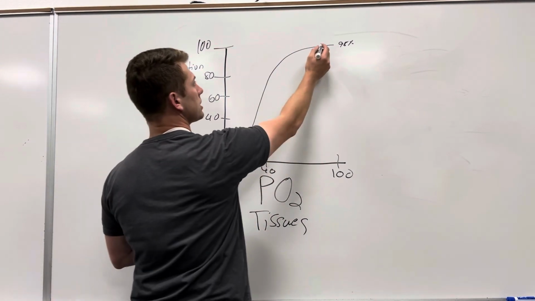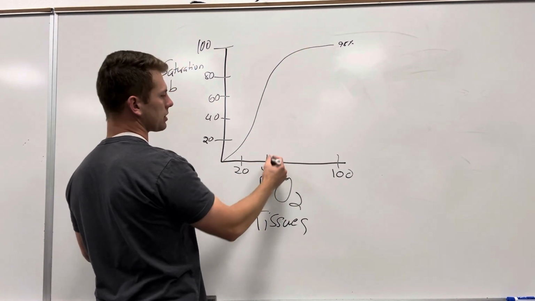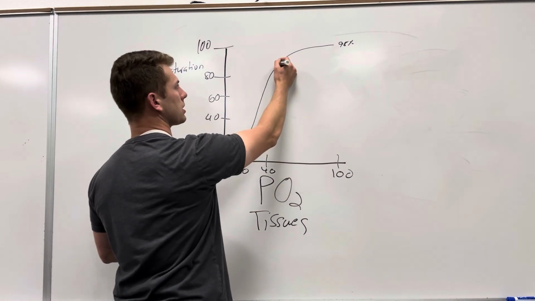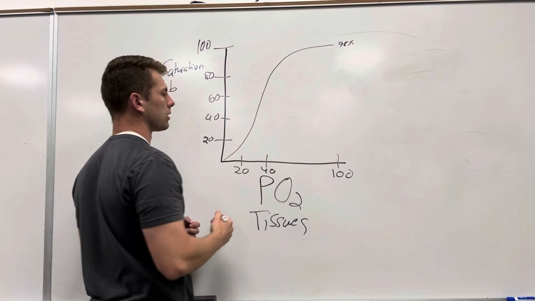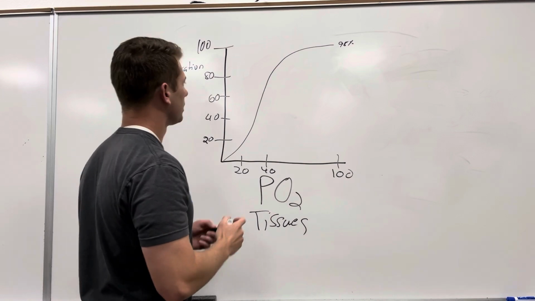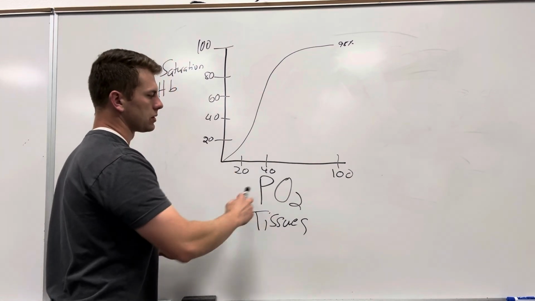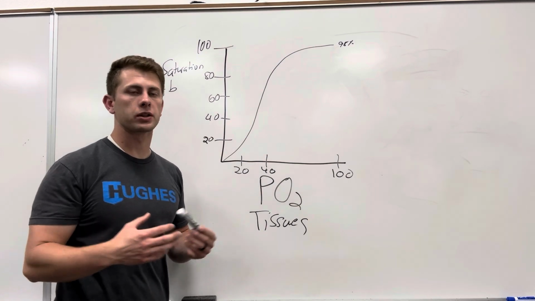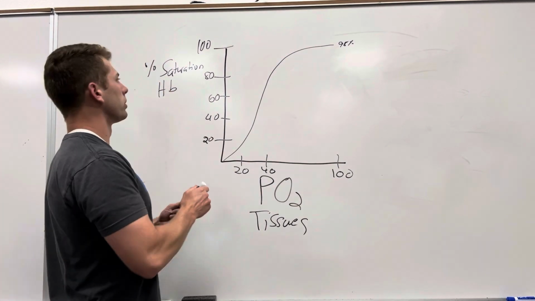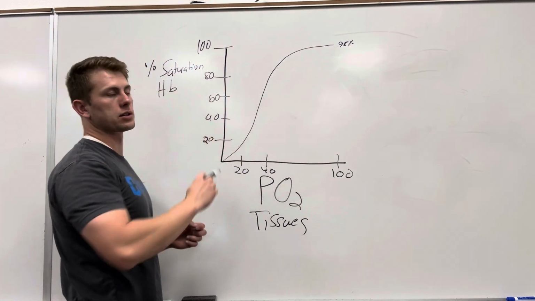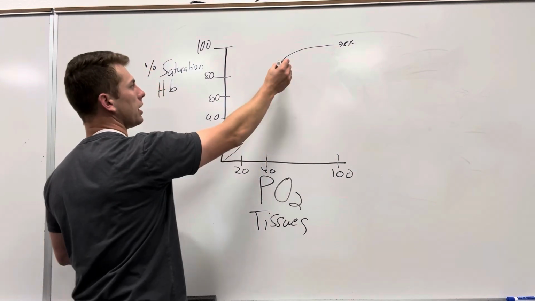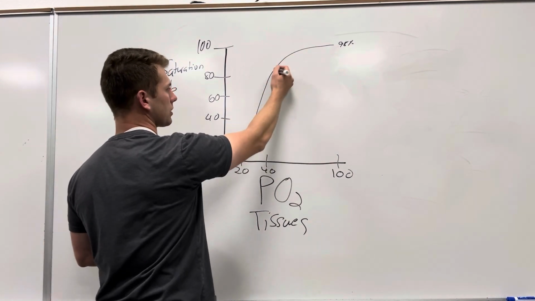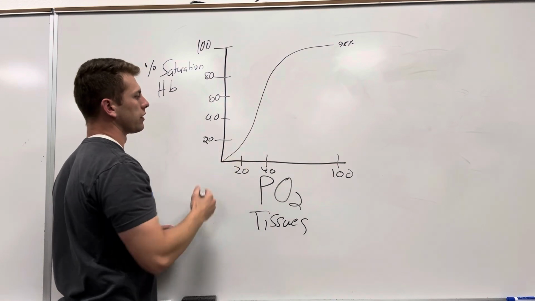And so we start to dip a little bit, until we get to around 40, then we start to dip dramatically. Because once the tissues get around 40 millimeters of mercury of pressure of oxygen, then we really need to start using the oxygen off of the hemoglobin. And so that's why this curve starts to drop off really fast.